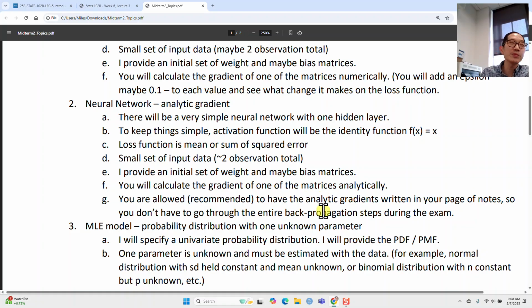But you will have to know: am I calculating the analytic gradient for the bias matrix, or for the first weight matrix or the second weight matrix, or things like that. So you'll have to be able to at least identify what you're working with and calculate the analytic gradient that way. Okay, so that's a possibility.